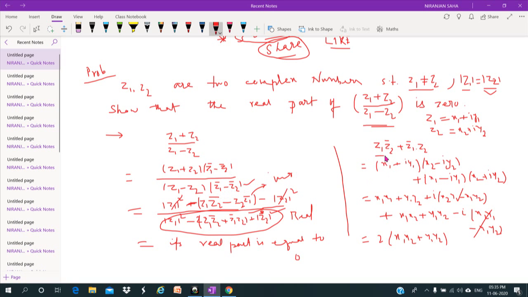So we will find out that in one place this relation comes with positive sign and with negative sign. So if you take positive and negative both the signs together, when it is positive you will get a real number, and when you take the negative sign, then you will get a purely imaginary part.